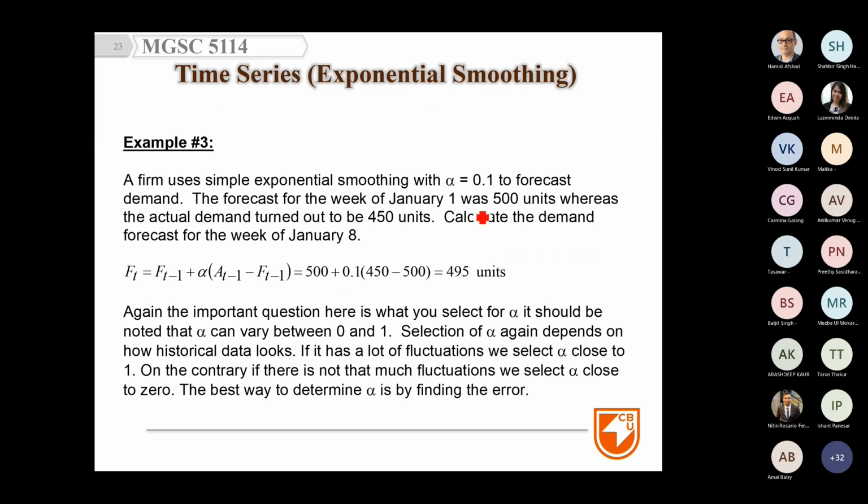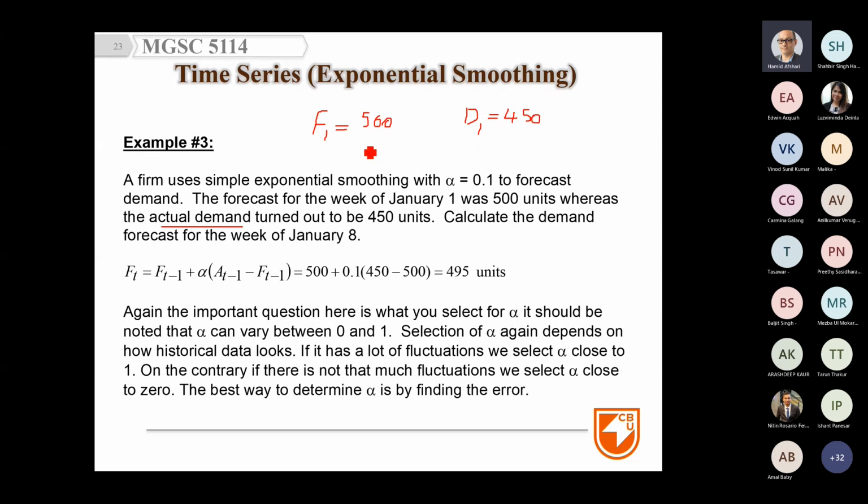So with alpha equal to 0.1, the forecast for the week of January 1st, which means the first period, was 500 units. How much is the forecast of the first period? 500. And the actual demand of the first period is how much? 450. Okay.